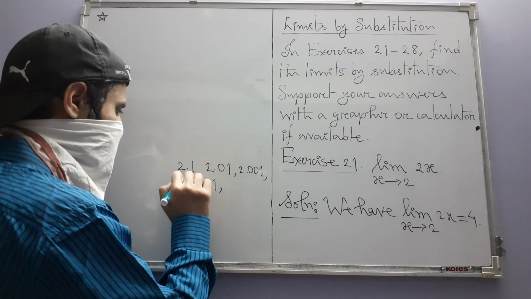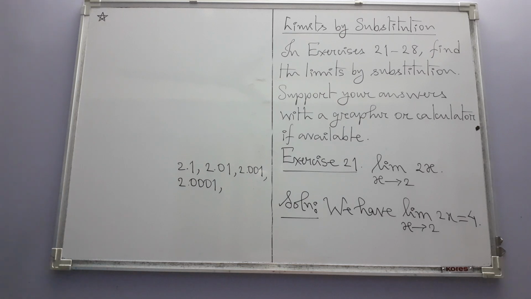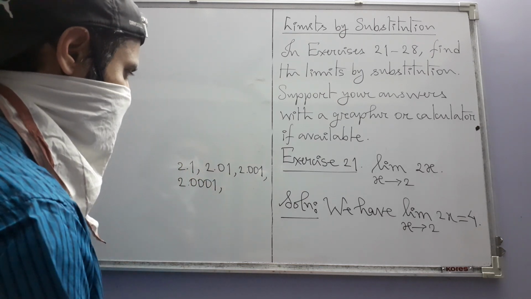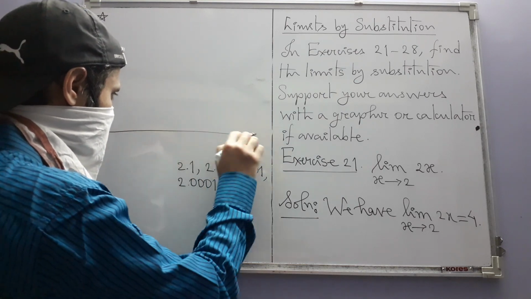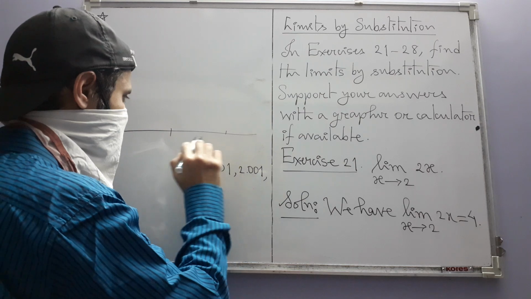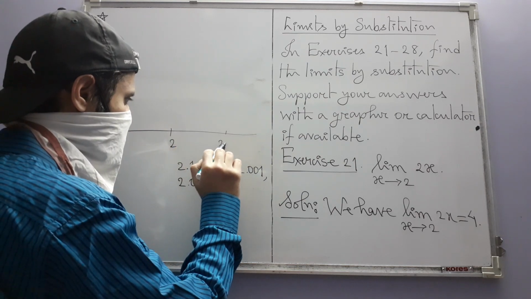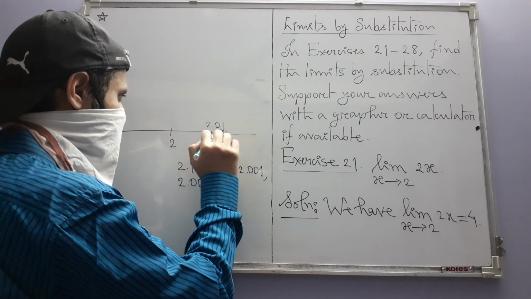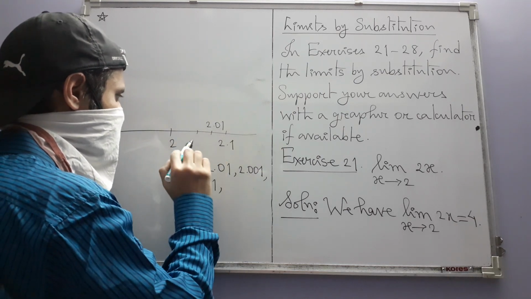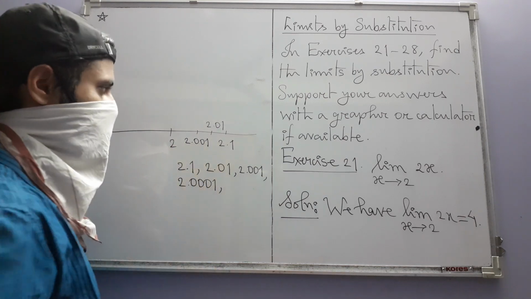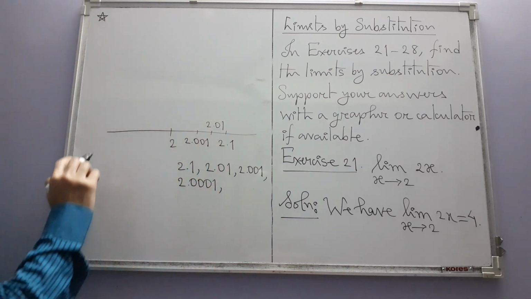Yeah, I can take 2.1. So as you increase the number of zeros, these values are, let's say you have 2 here and say you have 2.1 here, then 2.01 will be a little closer to 2 than this one. Then 2.001 will be still a little closer to 2, like that.